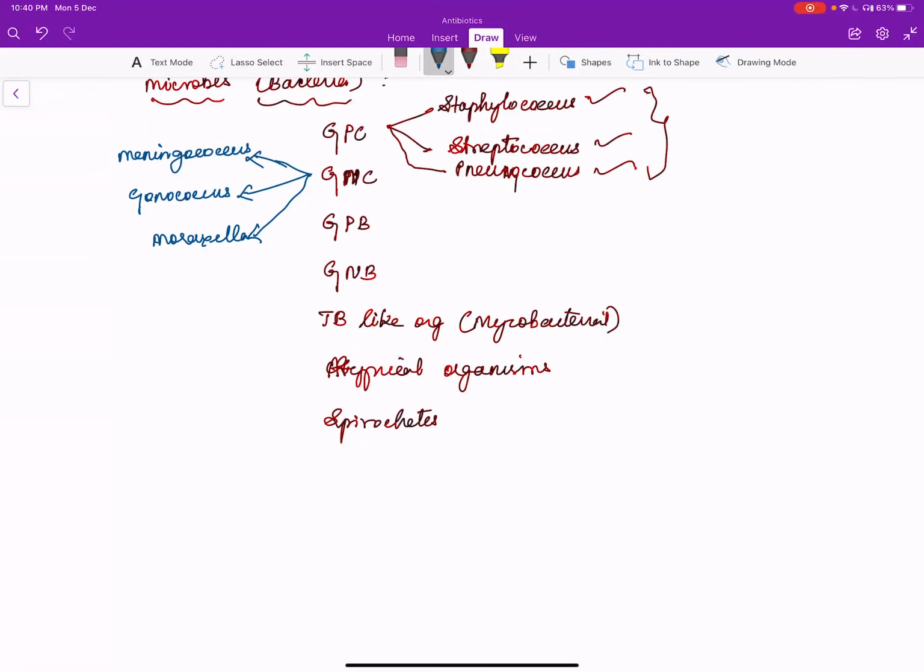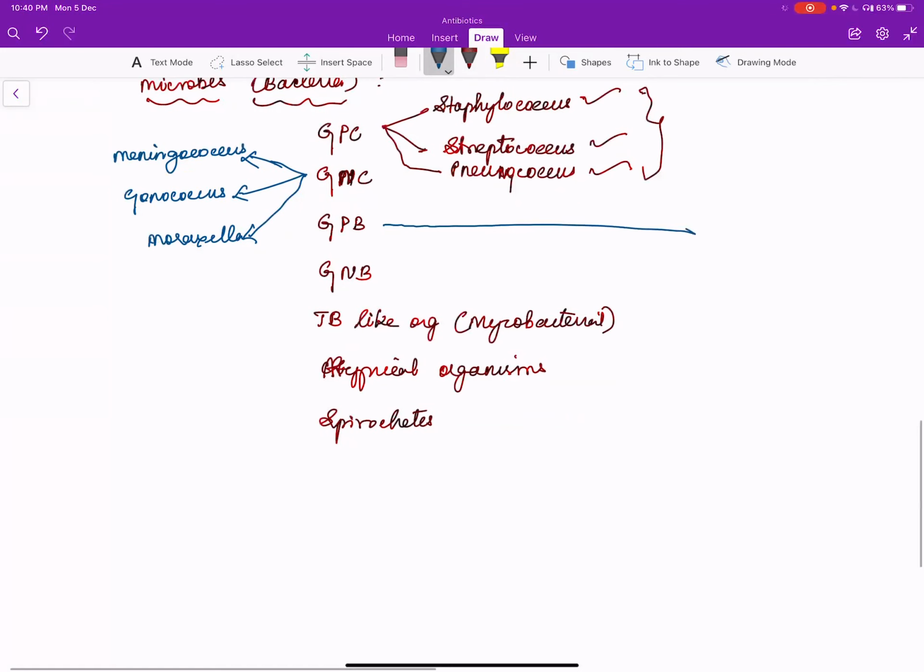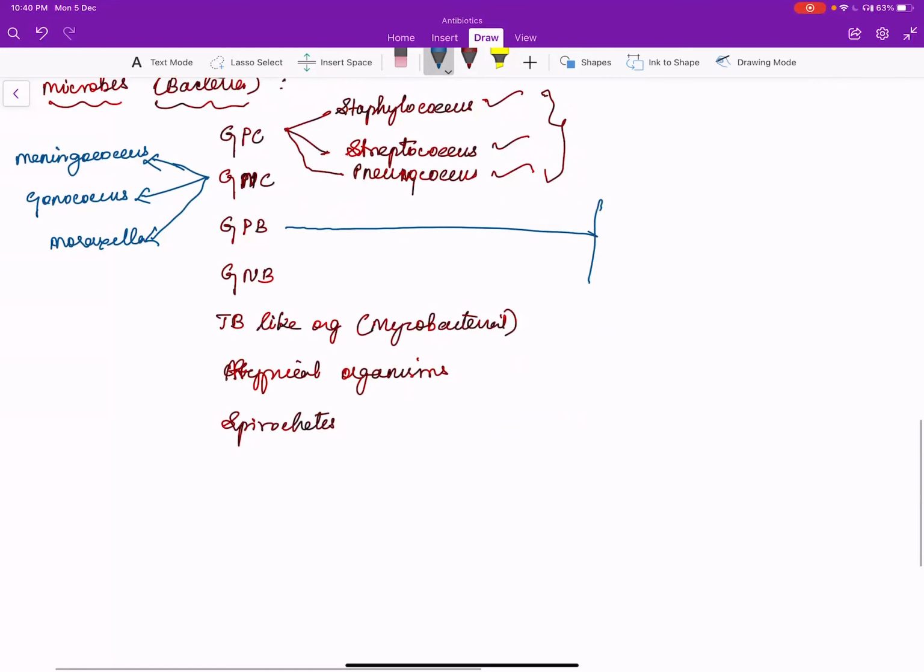Gram-positive bacilli. Remember the mnemonic DATA. D for diphtheria, Corynebacterium diphtheriae. A for anthrax. Anthrax is caused by Bacillus anthracis, so the genus Bacillus.